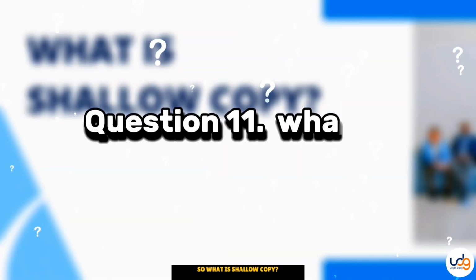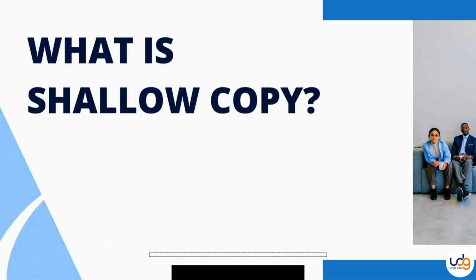So what is a shallow copy? Shallow copy is when we want to copy an object in its first layer. Like we have an object, and inside the object we have keys like name, age, and whatever, and inside that object we have a nested object.